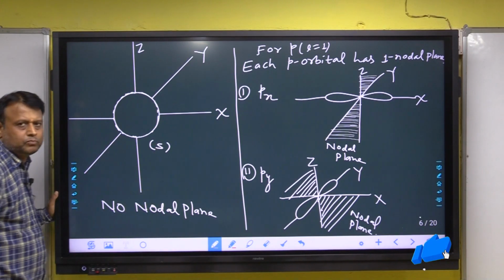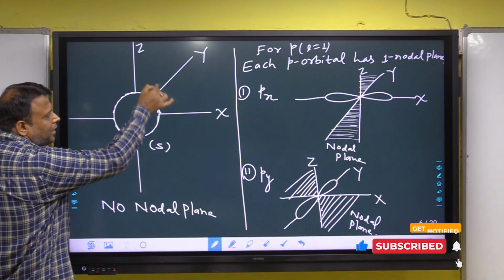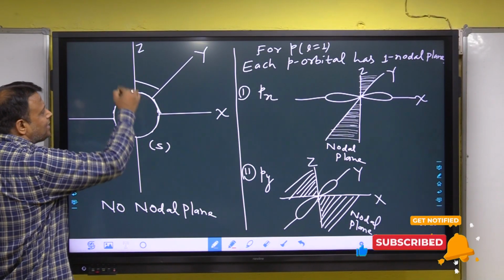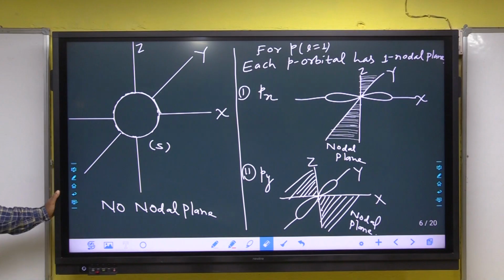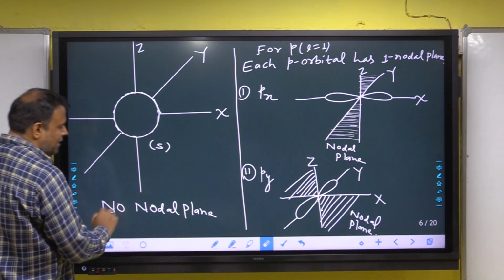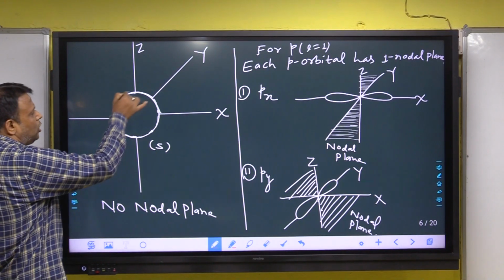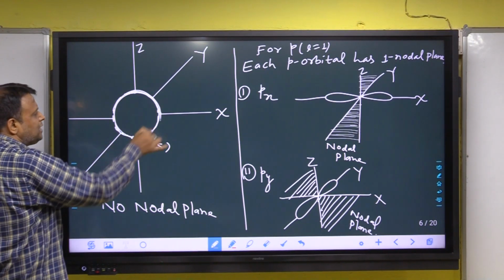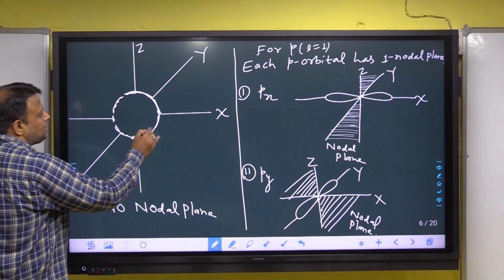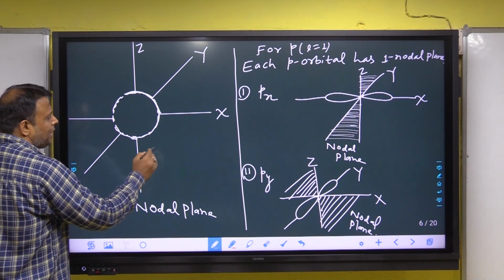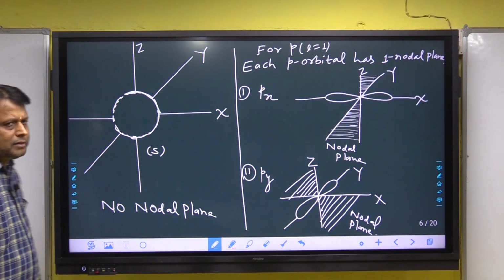When it is spherical, then the electron moves in between x and y, between y and z, between z and x, and hence a spherical shape has no nodal plane because in each plane the electron moves. Yes or no? Clear? Any s has a spherical shape, no nodal plane.